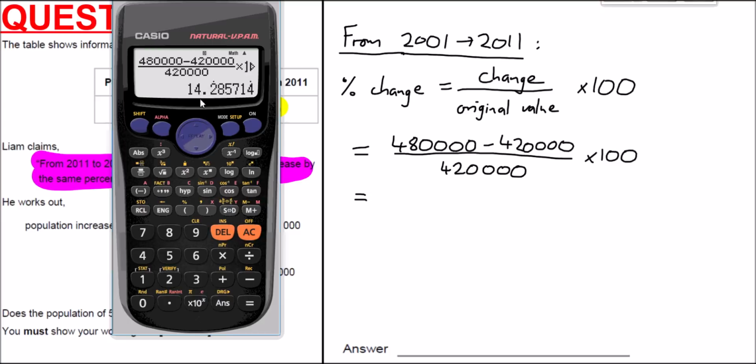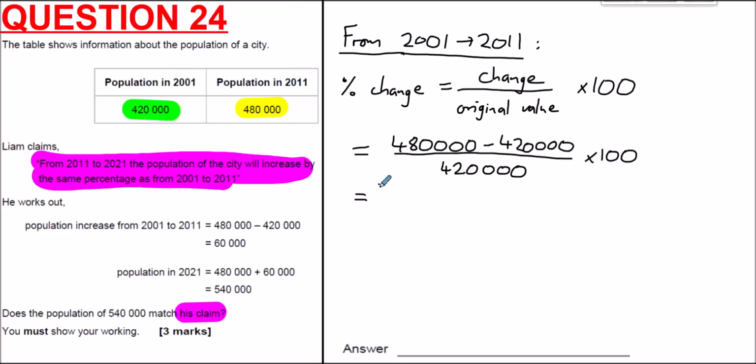So to one decimal place, roughly speaking, that's a 14.3% increase. So for the first 10 years, from 2001 to 2011, we had a 14.3% increase.